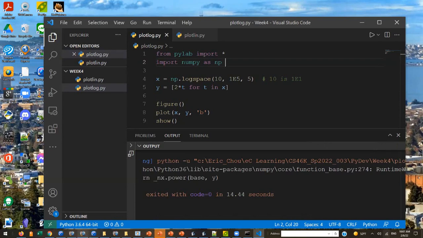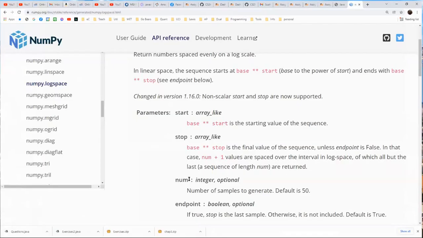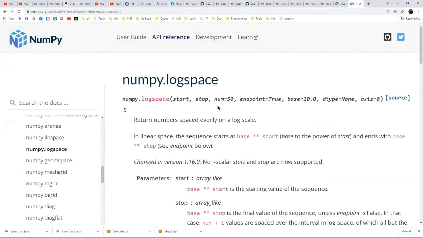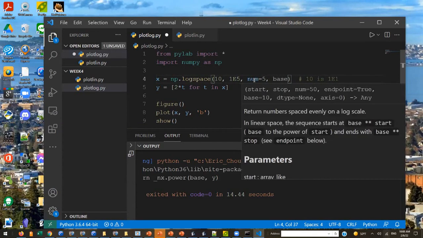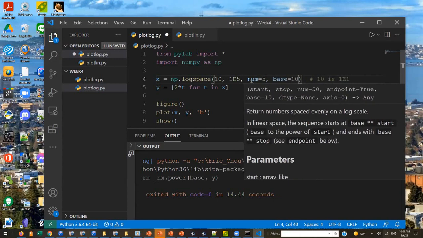So let's check the log space. Number equals 50, base equals 10. Let's do a total number of 5 points, base equals 10.